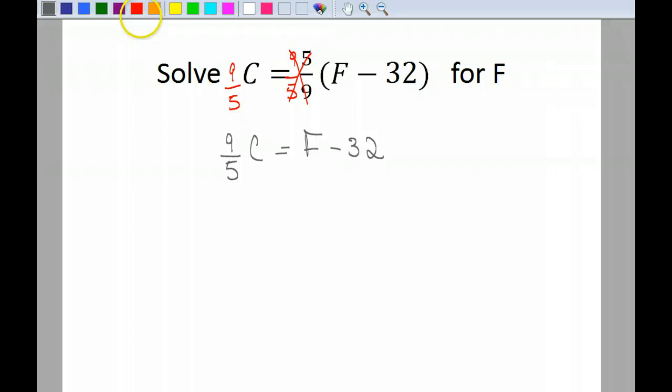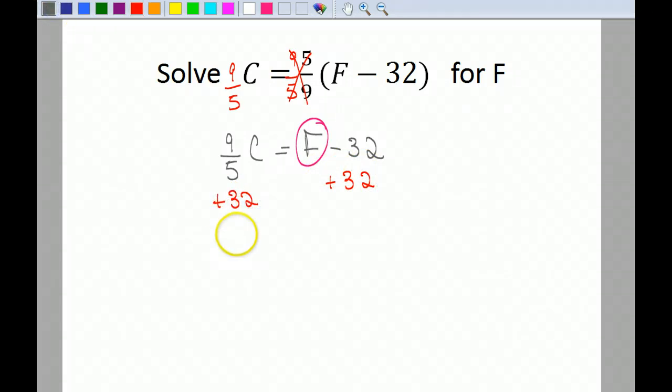Well, who's in the way of F being by itself? Oh, this minus 32. What's the opposite of that operation? I'm going to add 32 to both sides.